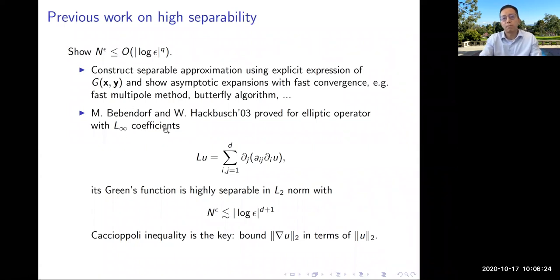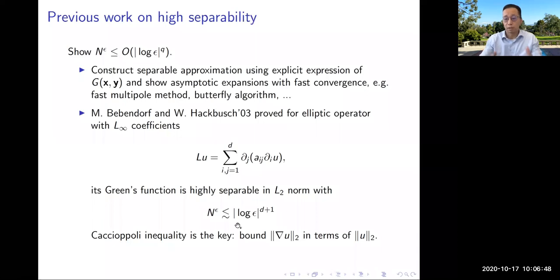Interesting work is by Bebendorf and Hackbusch in 2003. They proved for the model problem I showed, as long as it has an L infinity coefficient and is coercive, the n epsilon grows very, very slowly: log of epsilon to the power d plus 1, where d is the dimension.